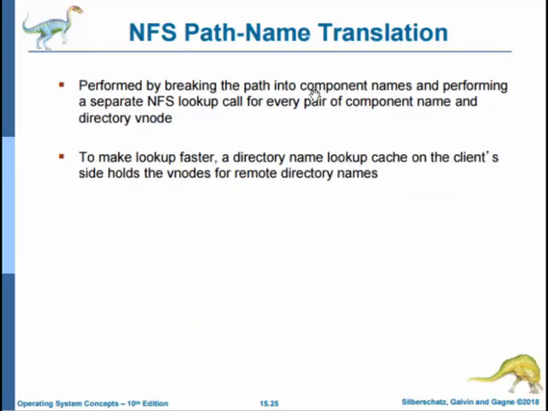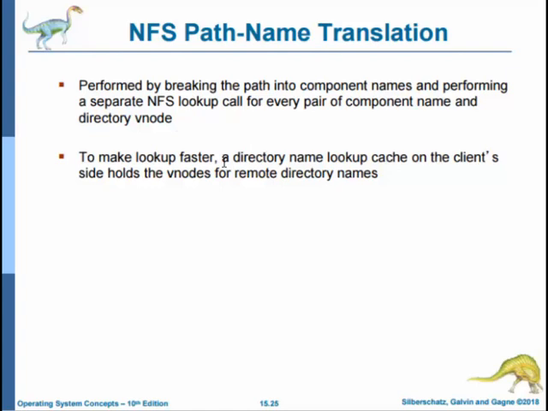Now, path name translation in the network file system involves the parsing of a path name, such as /usr/local/dir/file, and separating it into directory entries or components, namely the usr component, the local component, and the directory component.